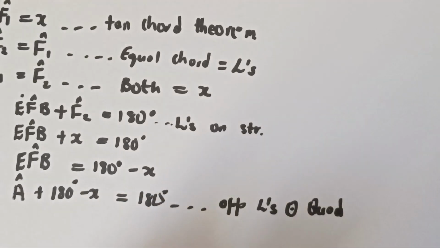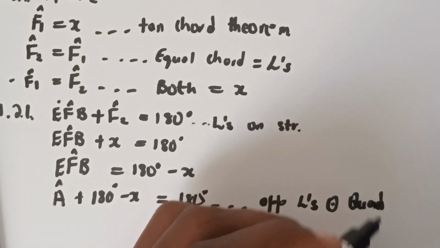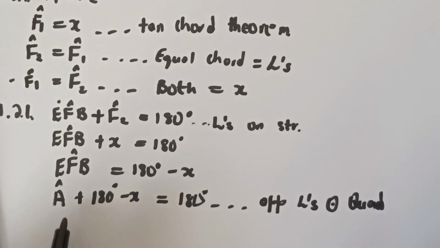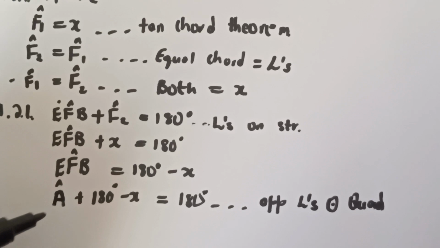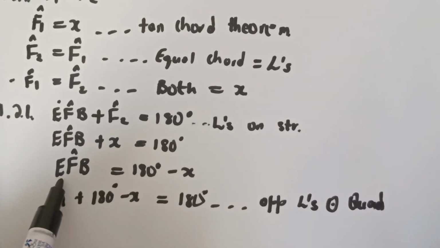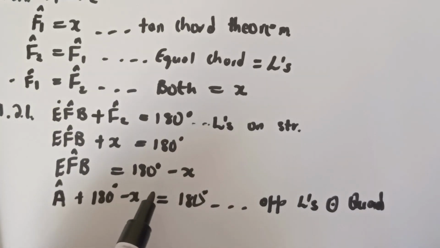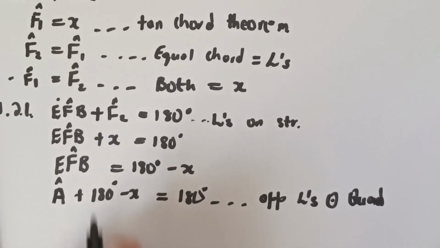That is our reasoning. We are trying to find angle A, and we know that EFB is equal to 180 minus x. That is why I put 180 minus x here.